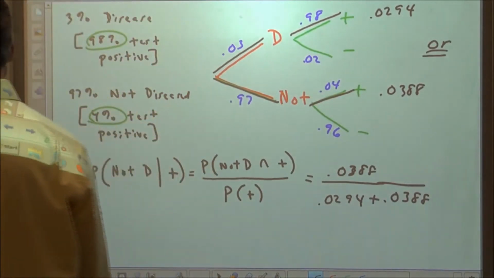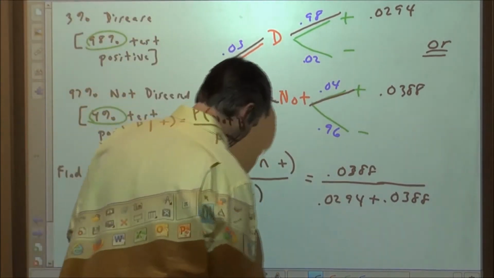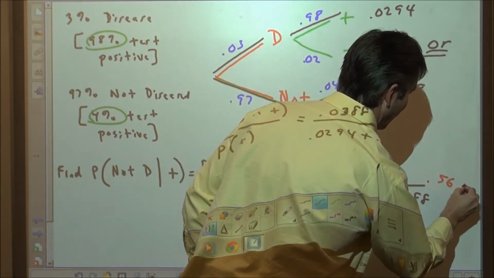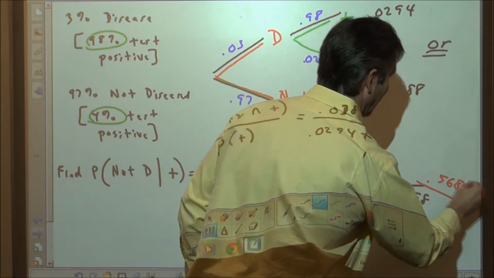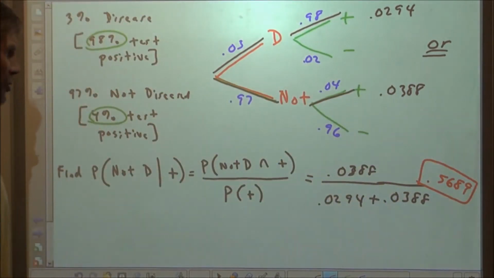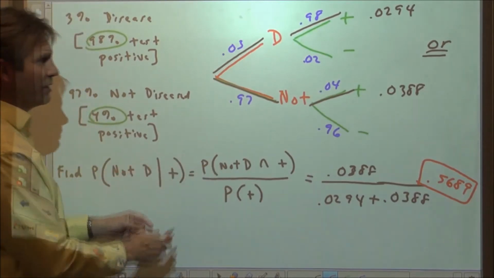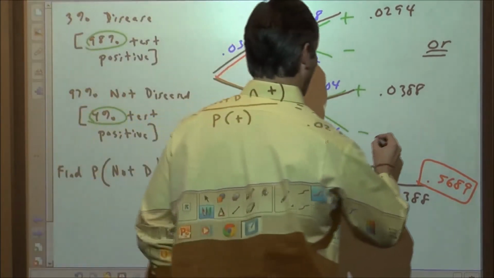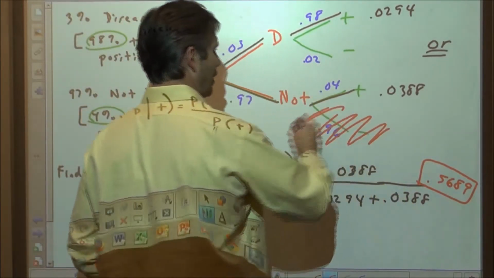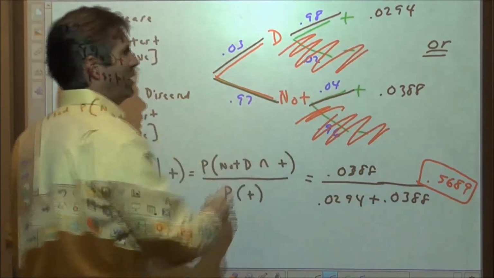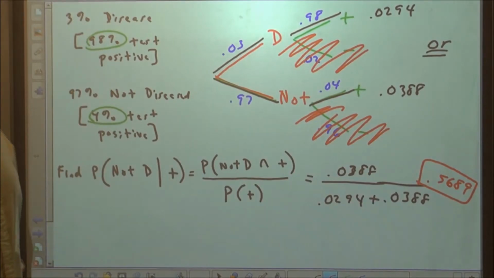I wrote it down: 0.5689. So this conditional probability is 0.5689. And once again, we can shrink the sample space. We can draw the tree diagram. We know the person tested positive, so we can eliminate this outcome and this outcome from our sample space because those people tested negative.